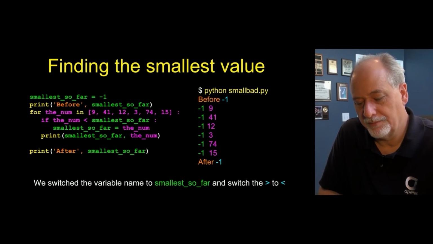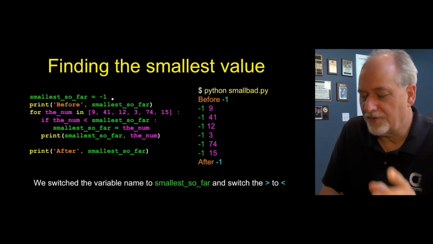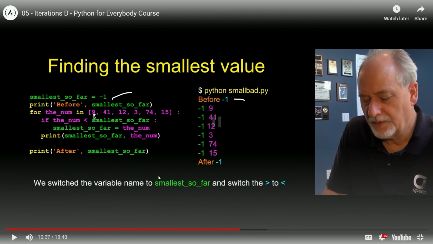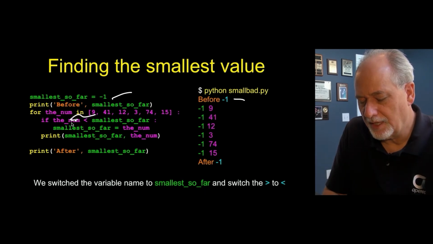If we run this code, we set the smallest so far to -1, and it starts out -1. We switched the variable name to smallest so far. And it's 9. Is 9 less than -1?